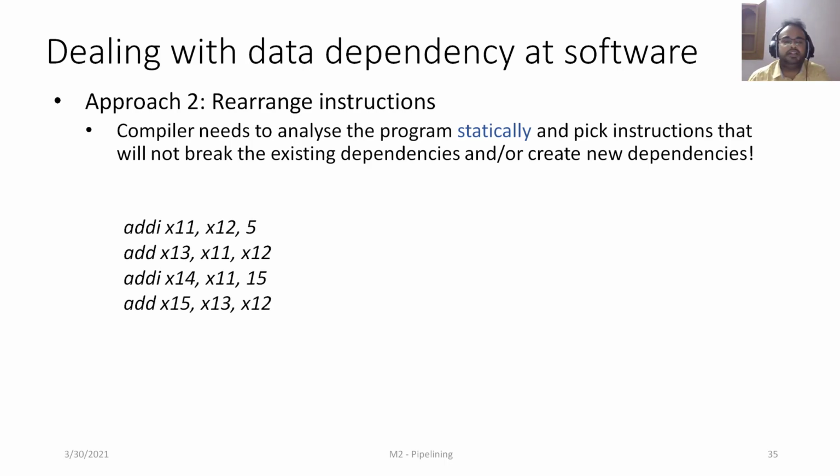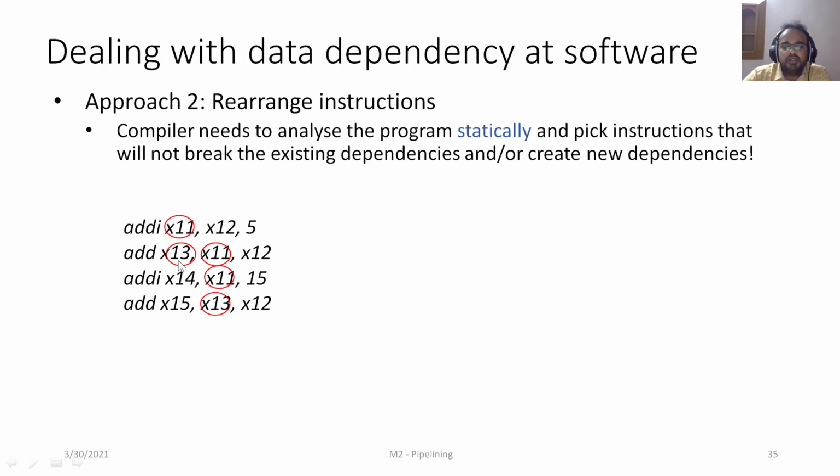So for example, let's take the previous set of 4 instructions. Here we saw that there is a producer-consumer relationship between instructions 1, 2 and 3, and instructions 2 and 4. If the compiler tries to keep instruction 4 between instruction 1 and 2, that will not work because it would break the dependency between instruction 2 and 4, right? Now let's see if it can place it between 2 and 3.